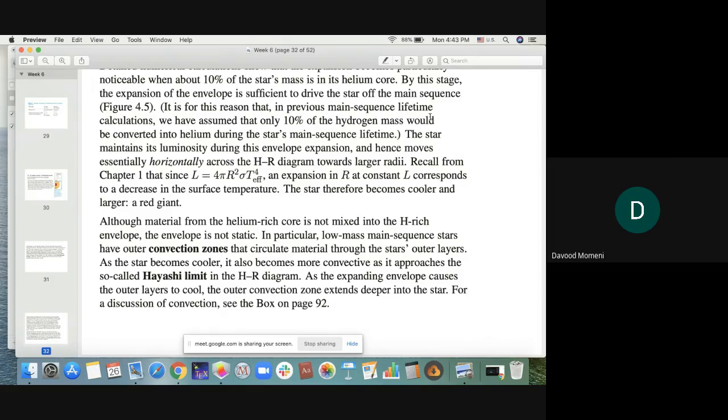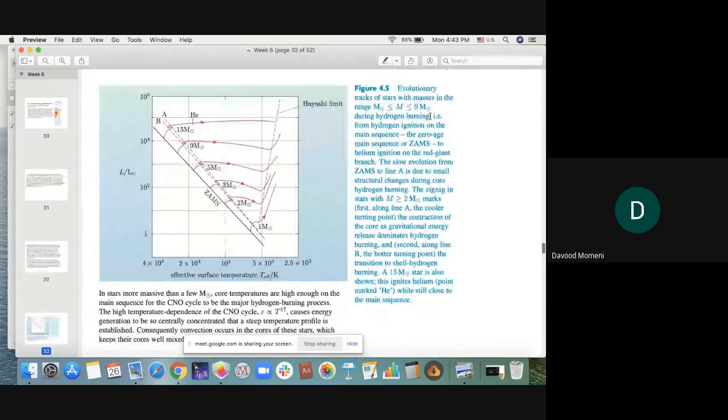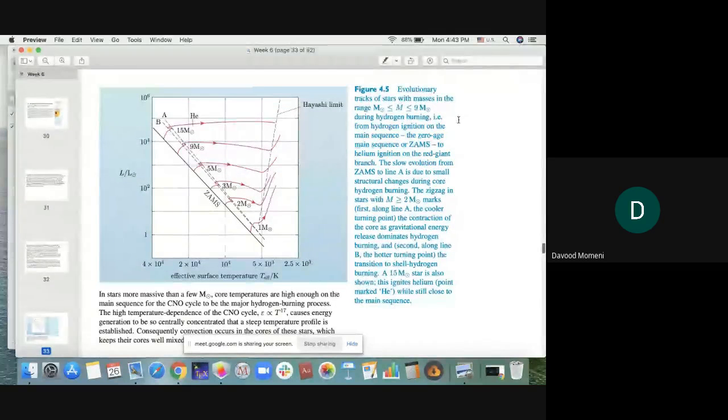I mean, the process of lifting the energy by convection will be more effective, and then it approaches some limit which we call the Hayashi limit in Hertzsprung-Russell diagrams. So let's show it all in one example.